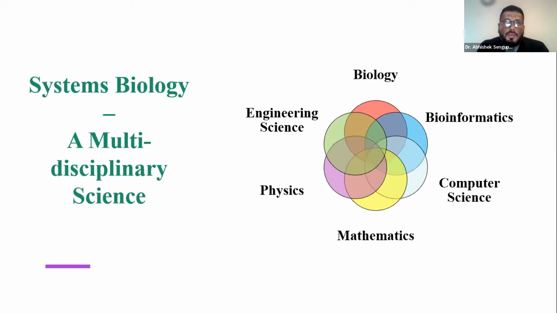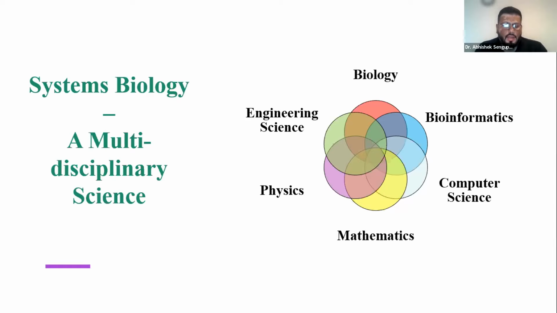Then bioinformatics, because we use various databases and resources, like NCBI, UniProt, Ensembl, as mentioned earlier. These are basic bioinformatics resources, and all of them are also being used in systems biology in some way or the other.